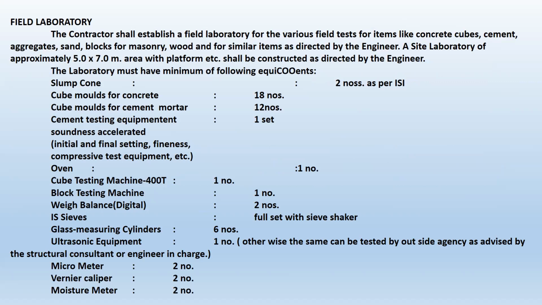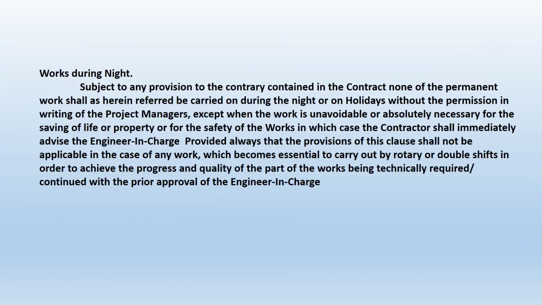Like slump cone, cube molds for cement mortar, CTM machine, soundness test, cube testing machine, brick testing machine, weigh balance, ISCS, glass measuring cylinder, ultrasonic equipment, micrometer, vernier caliper, moisture meter, etc. This is for my project, I have given it. In your project, if more equipment is required, you have to identify what all equipment has to be established in the laboratory.